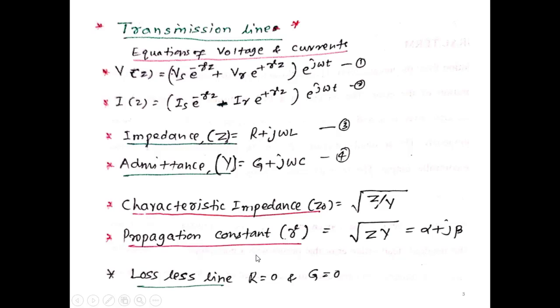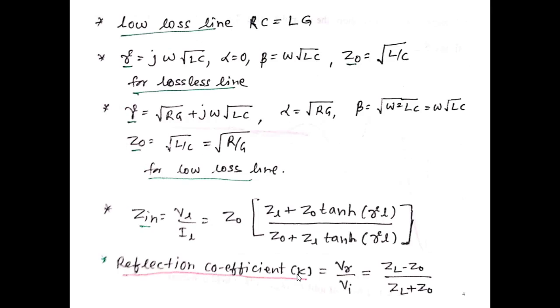For a lossless line, there is no resistance and no conductance, therefore R is equal to 0, G is equal to 0. And for a low loss line or distortionless line, we will get the condition RC is equal to LG. Therefore, gamma is equal to j omega square root of LC, alpha is equal to 0, beta is equal to omega square root of LC, and Z0 is equal to square root of L by C for a lossless line.